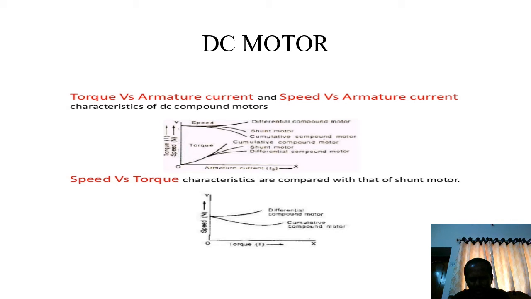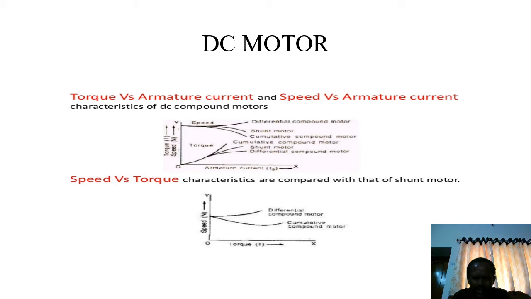So here you will get the shunt motor torque characteristics. This is the differential compound motor. This is the cumulative compound motor characteristics. This is the shunt motor characteristics.